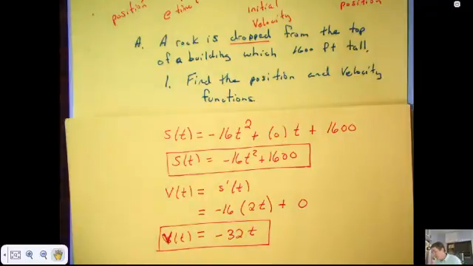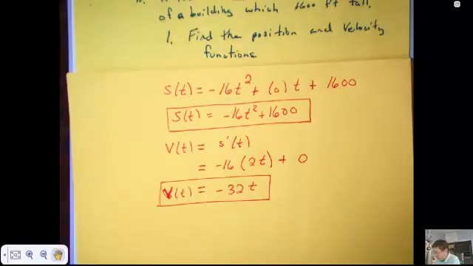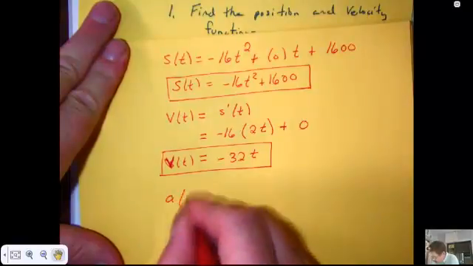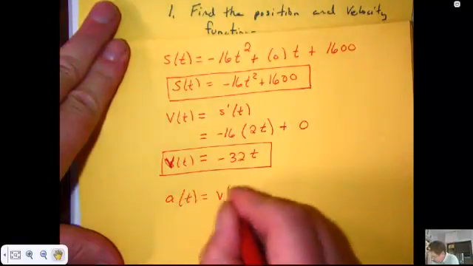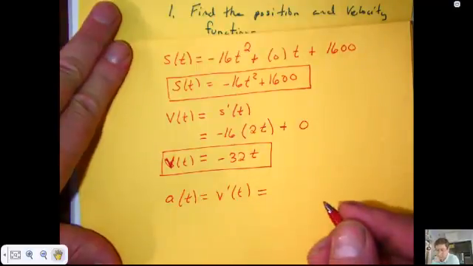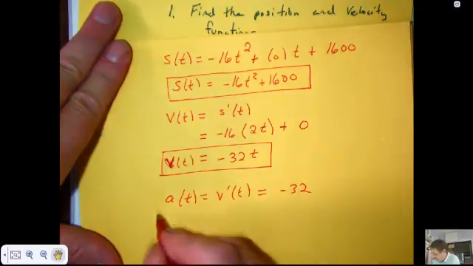Well, I guess I could have asked, maybe we should have added that, it's not on here, how about the acceleration function? What would the acceleration function be? That's easy to find. We know that a of t is the derivative of v of t, which would be what? Negative 32. So in fact, we got that.